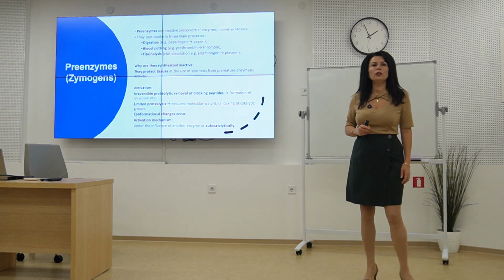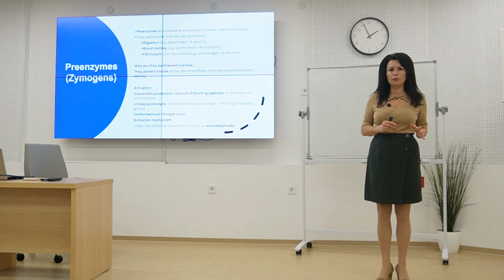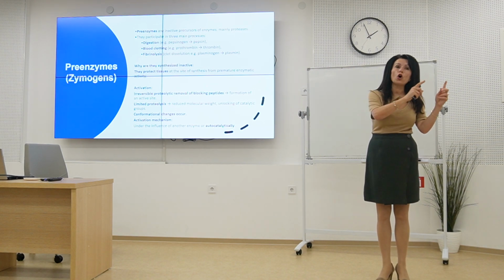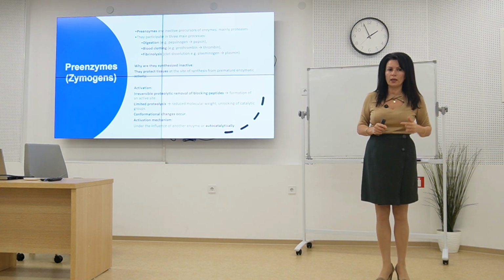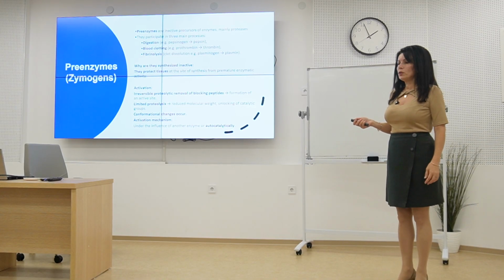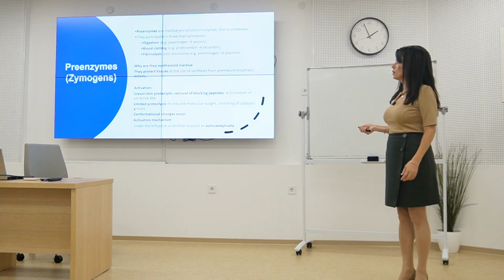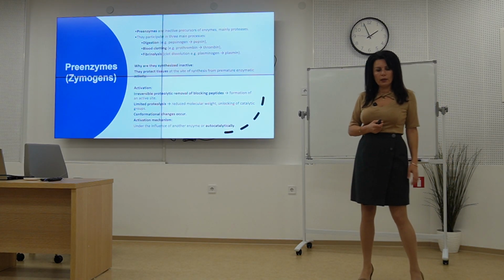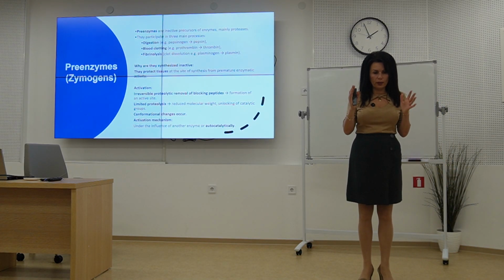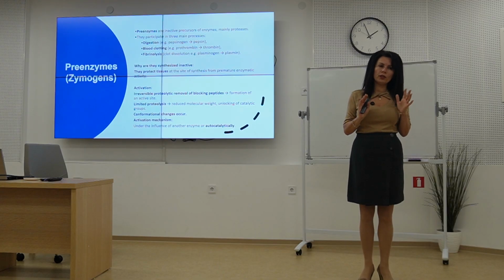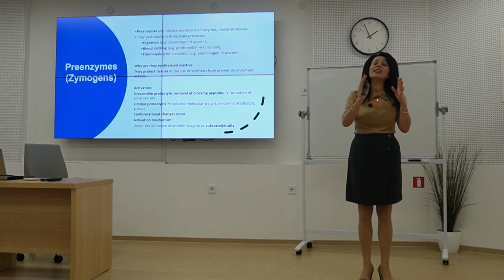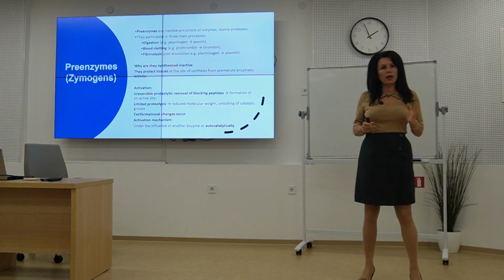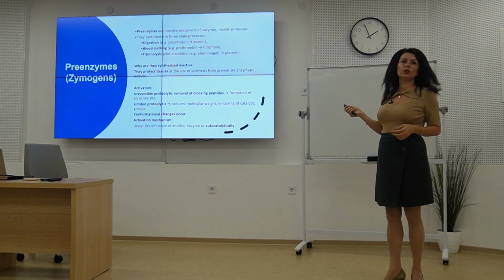The first mechanism is formation of active forms of enzymes from proenzymes or pre-enzymes. These inactive forms are called zymogens. Which enzymes need to be activated and are produced in inactive forms? These enzymes, students, are from digestion.